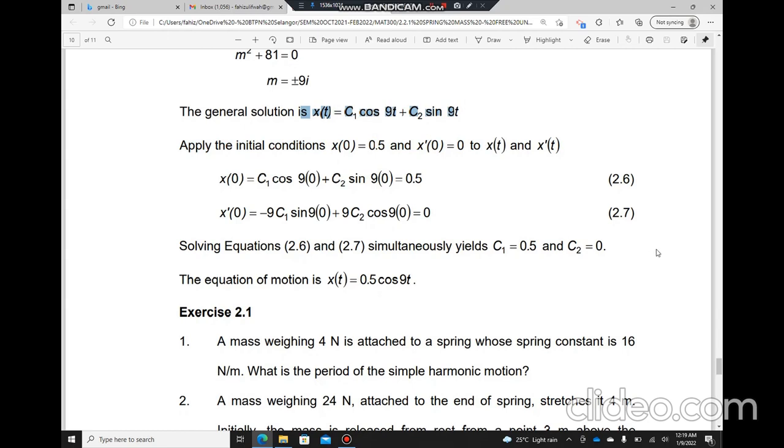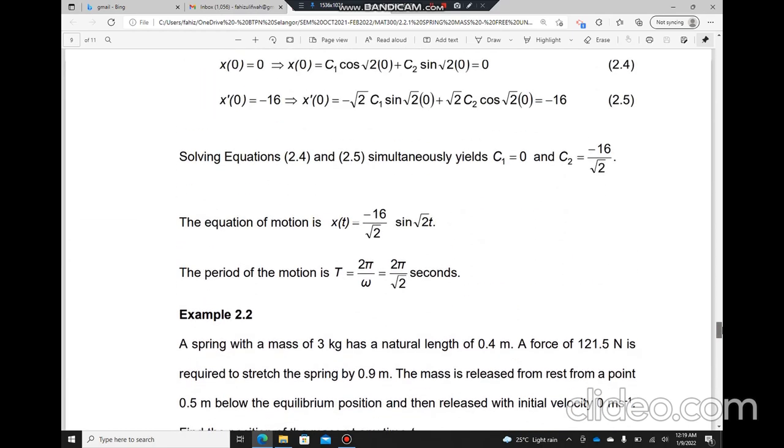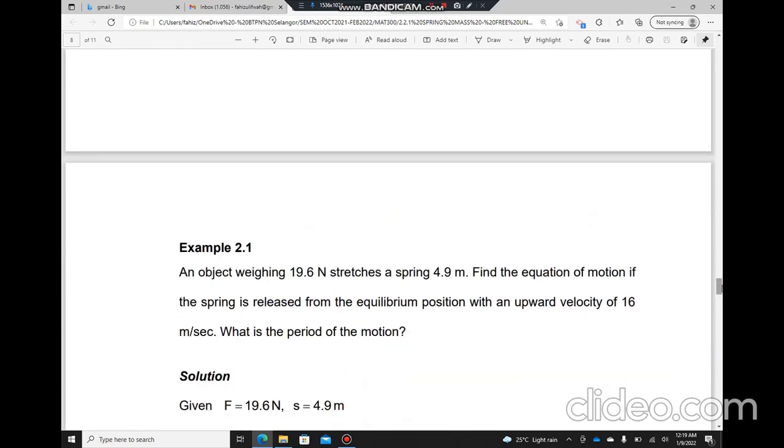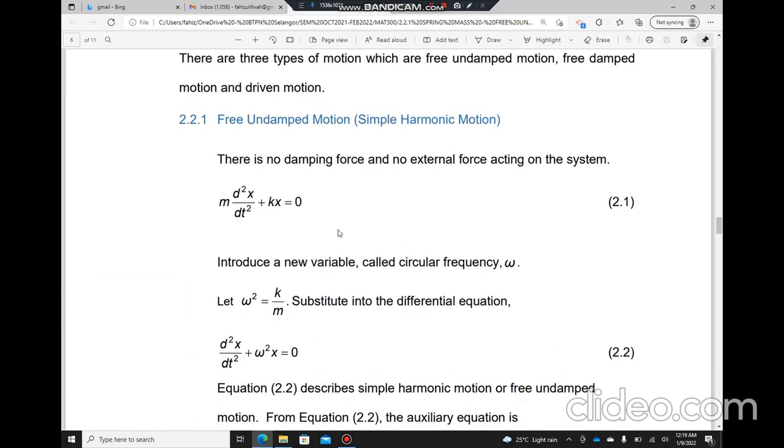Okay, so yang ni dua example untuk free undamped motion. Maksudnya yang ni kalau free undamped motion ataupun simple harmonic, dia cuma general equation dia cuma yang ni, 2.1. So ingatlah yang ni untuk case free undamped motion ataupun kita panggil juga simple harmonic motion. So equation dia cuma m d square x over dt square plus kx.